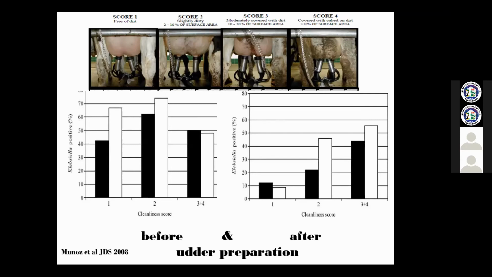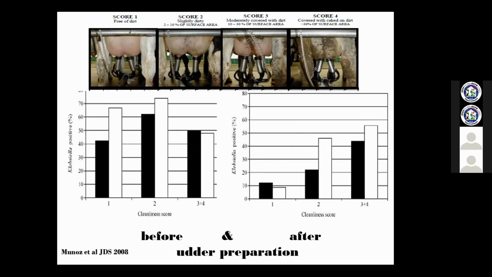But once they implemented pre-dipping, making sure that the udder being milked is clean, you could see in the two herds, that's the black and the white, two different herds, the picture change quite a bit. And then there was a better correlation between Klebsiella positive animals and the udder hygiene score.